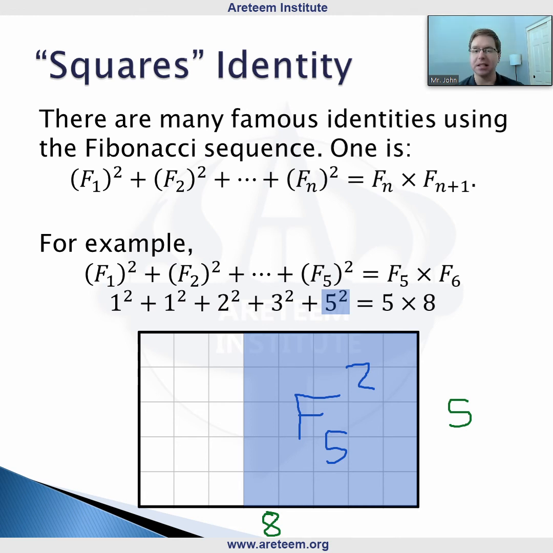And I think you can see where we're going with this from here, right? We can now take our 3 by 3 square out of this, and we can take a 2 by 2 square out of this, etc. And then we're left with our two 1 by 1 squares on the bottom.